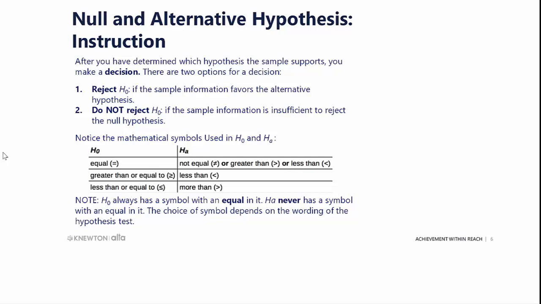So the first step to hypothesis testing is to know how to construct your hypotheses. Okay. There are going to be two different types of hypotheses. We have what's called an H null, the null hypothesis, and then we have the alternative hypothesis. Okay.